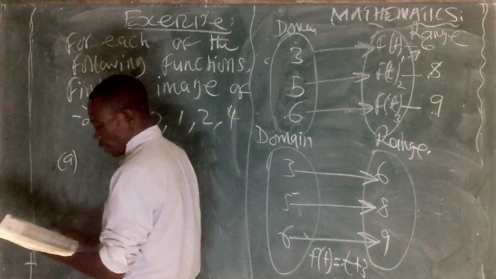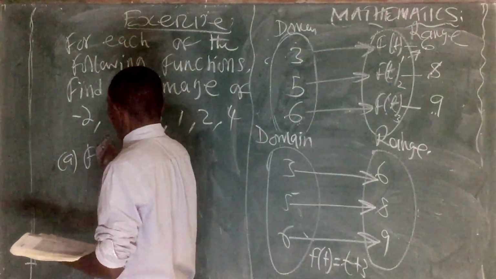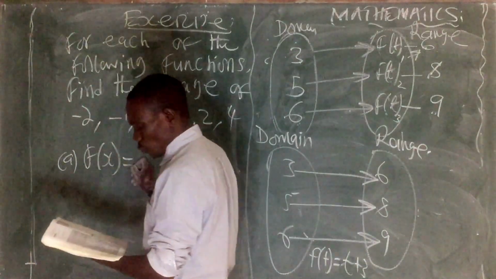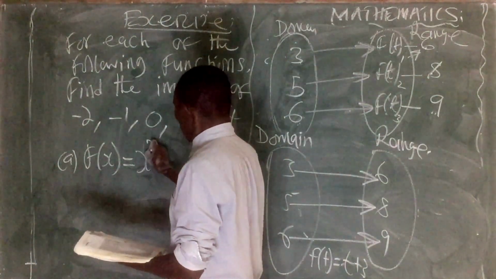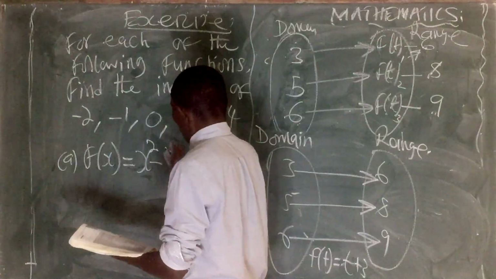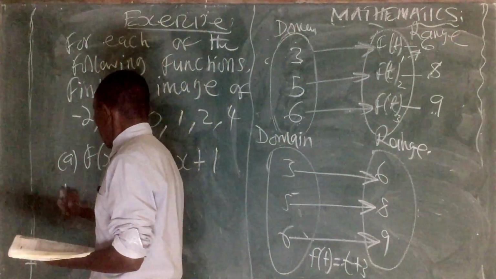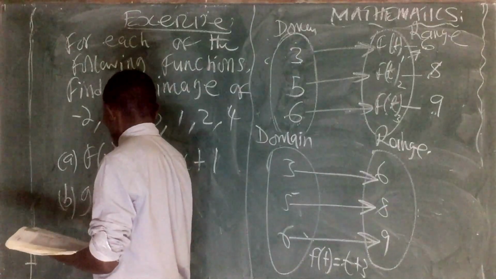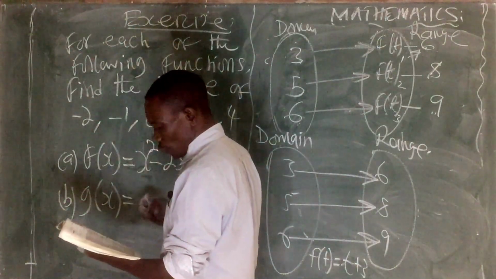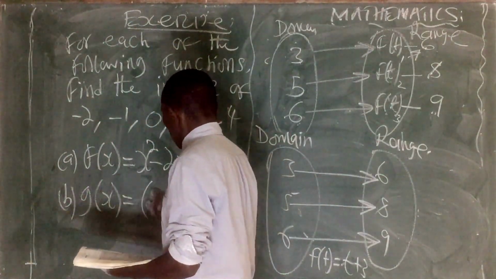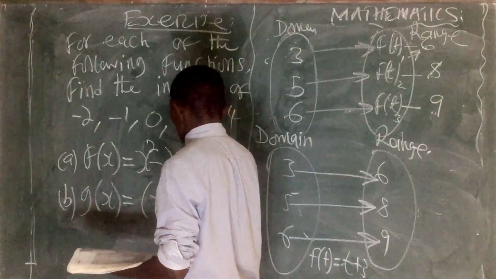The first function is this one. F of x is equal to x squared minus 2x plus 1. The second one is g of x is equal to x minus 1 squared.